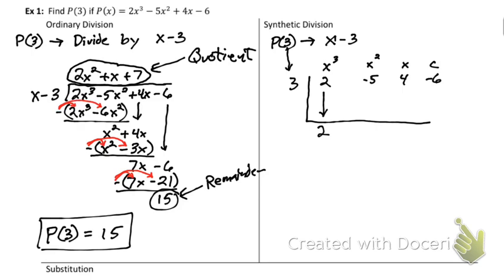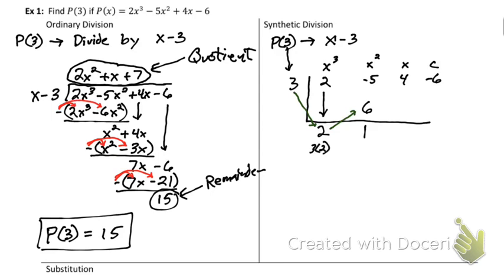So 3 times 2 gives you 6, and negative 5 plus 6 is going to give you 1.